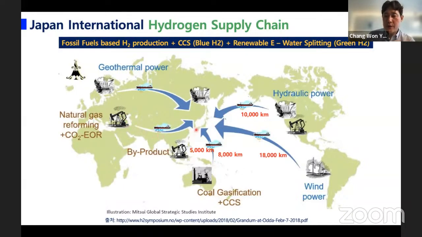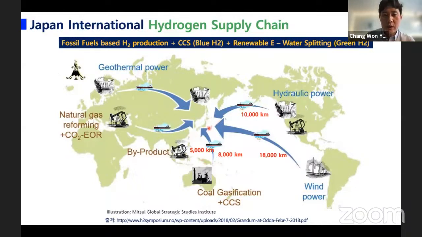From Chile, using Chile's wind power to produce green hydrogen, it will be delivered over an 18,000 kilometer transportation to Japan. From Canada and the United States, hydropower will be used to produce green hydrogen to be transported into Japan, things like that.